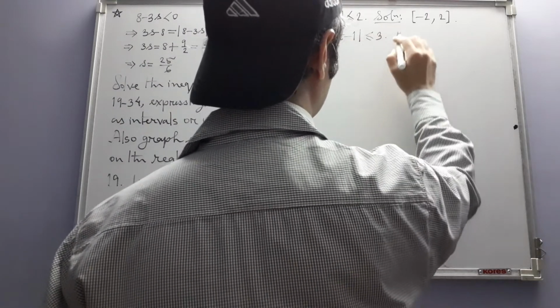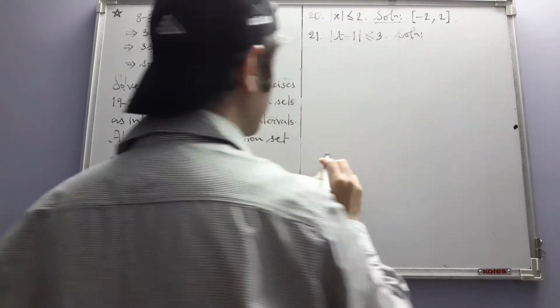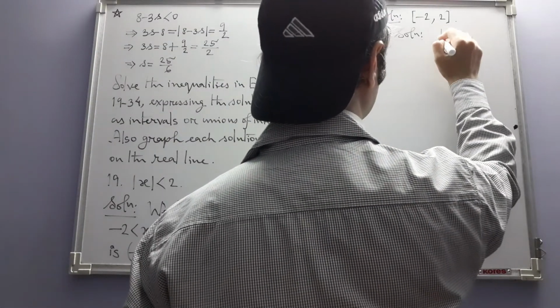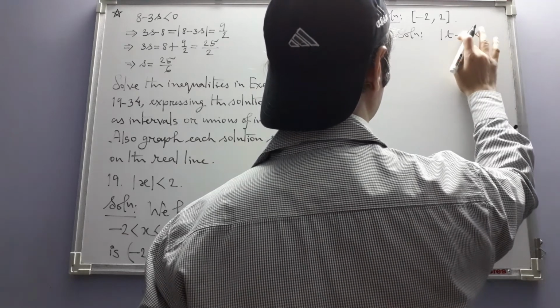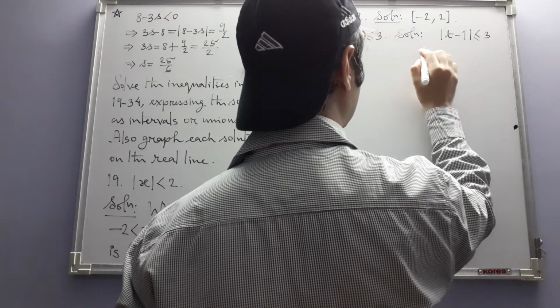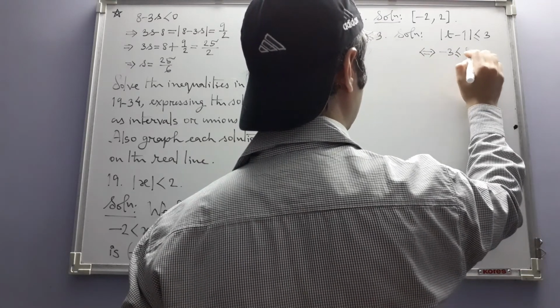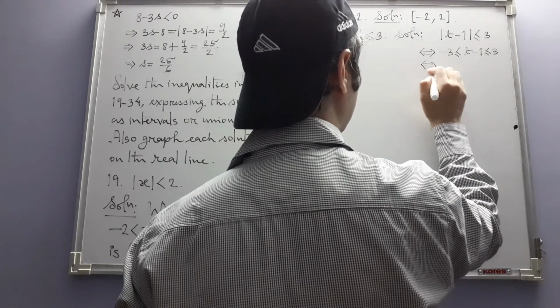Is less than or equal to 3. You just have to go through the same similar arguments. T minus 1, -3 is less than or equal to t minus 1, which is less than or equal to 3.